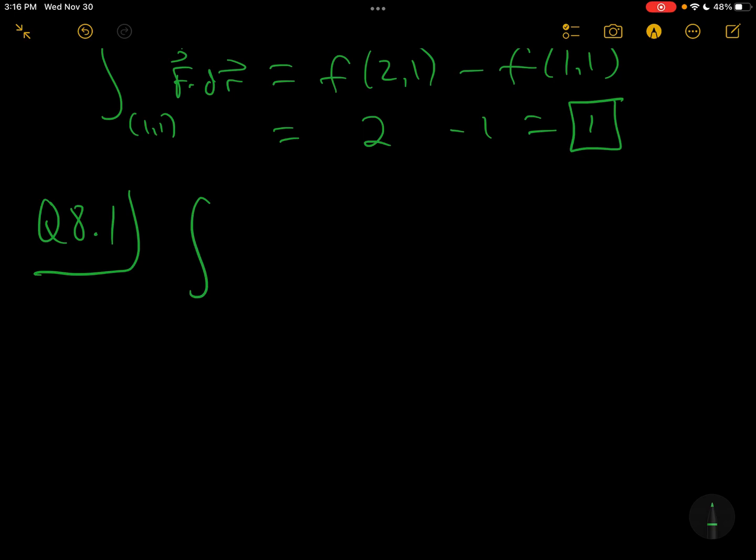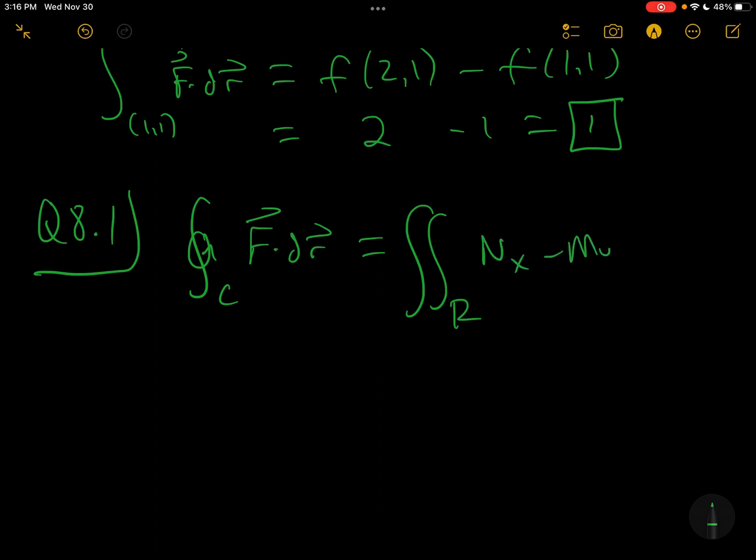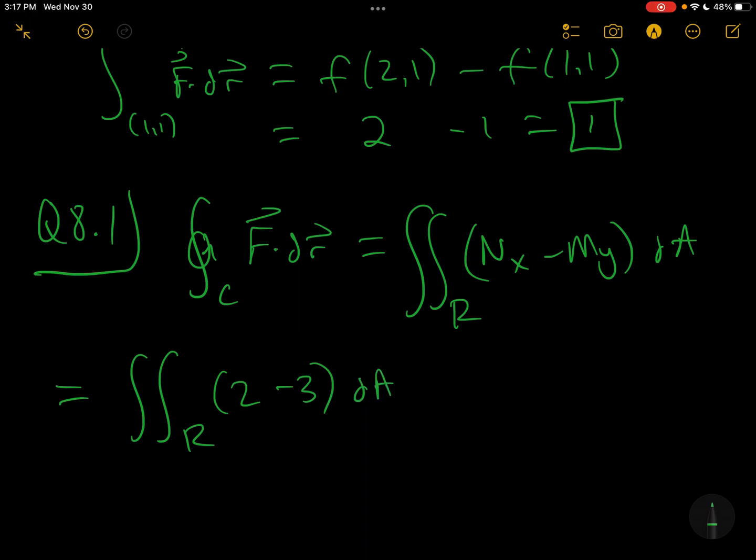We're computing f dot dr, which happens to be the double integral over R of nx minus my dA, which is nx is 2, my is 3 dA.